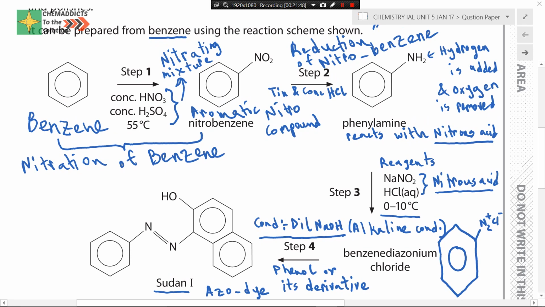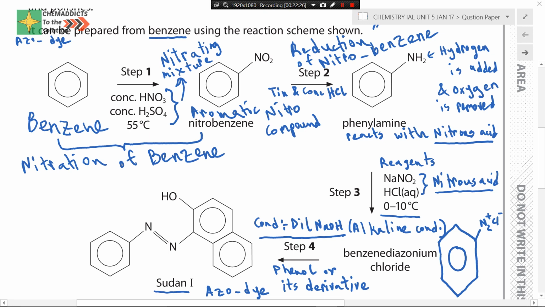Here we want to synthesize the azo dye from benzene. In step 1, we have carried out nitration of benzene.